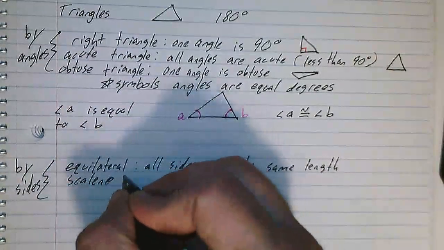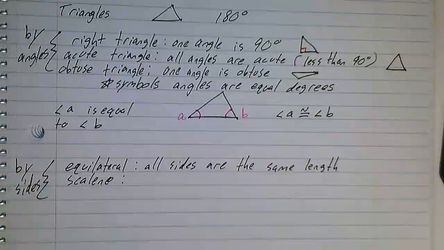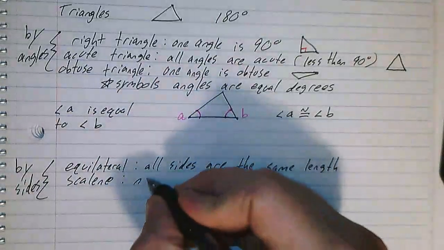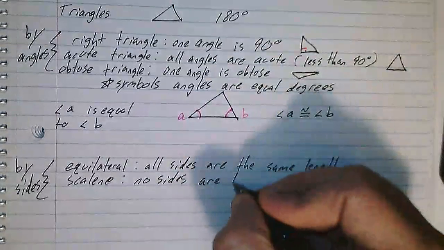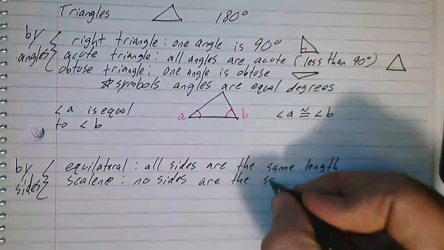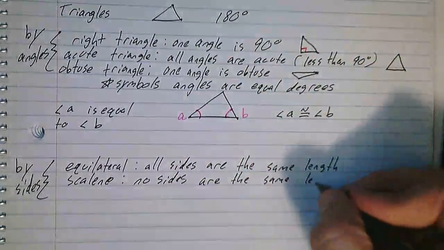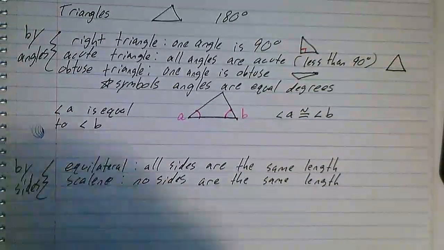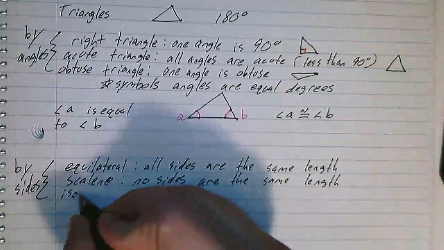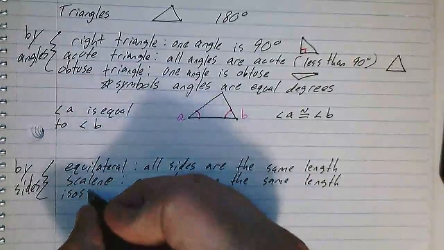We can have a scalene triangle, in which no sides are the same length. And then finally, an isosceles.